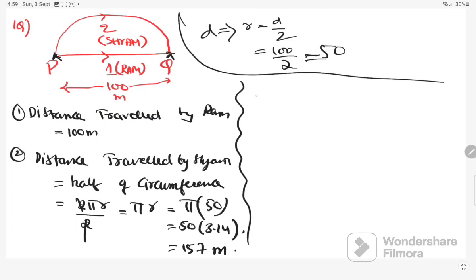Right. Now we are about to discuss the displacement. See students, Ram is going from P to Q, Sham is also going from P to Q. Displacement will be the distance between the initial point and the final point. So for Ram, the initial point is here, the final point is here. So displacement for Ram is 100 meter.